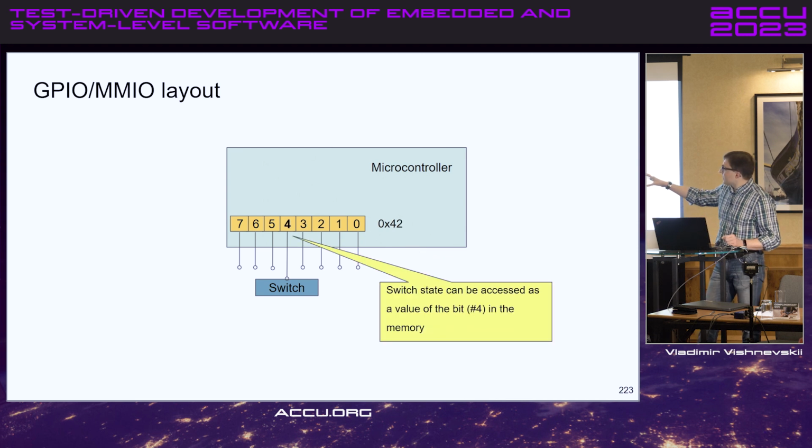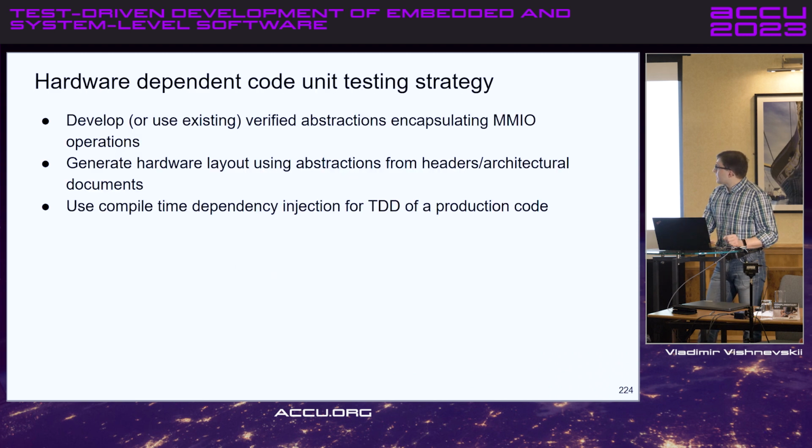For us, the switch is located in byte number 4, so we need to control it. How can we do this? The strategy to test the hardware-dependent code can be the following. We can develop or use existing verified abstractions that encapsulate MMIO operations.